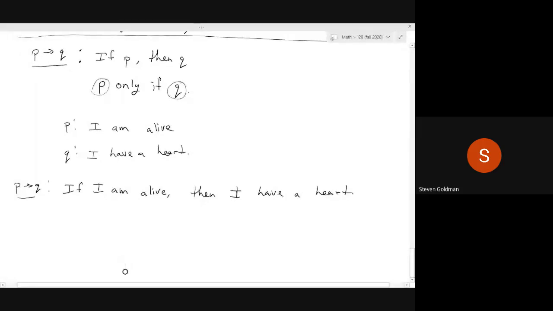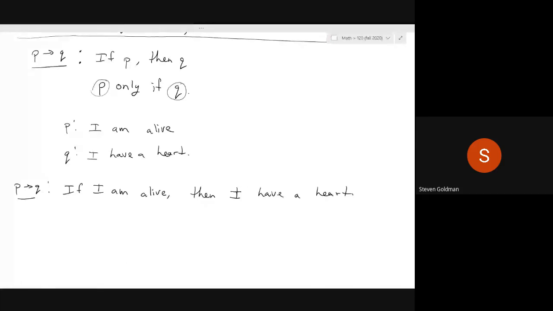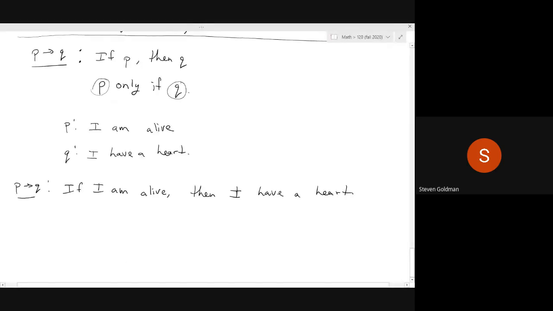Okay, so far you're with me, I hope. Any questions so far? Now, hopefully you would also agree with me. If I were to write the converse of this, that would be a different sentence. If I am alive, then I have a heart. That's a true sentence. If you're alive, you've got to have a heart.